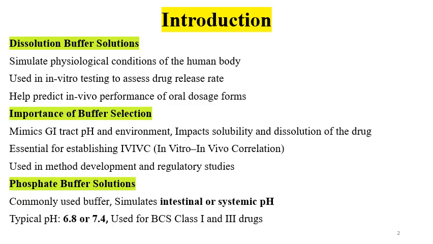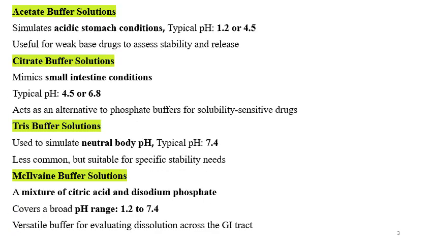The phosphate buffer has a pH of around 6.8 or 7.4 in general. It is a typical pH and it is mainly used for the BCS class 1 and 3 drugs which are highly soluble. Acidic buffer solutions simulate the acidic stomach conditions. Typical pH is 1.2 or 4.5.